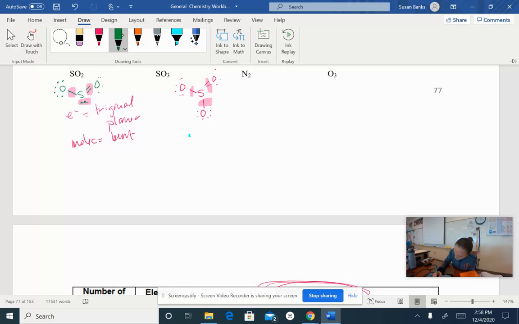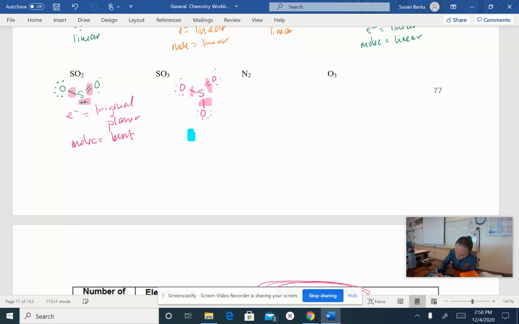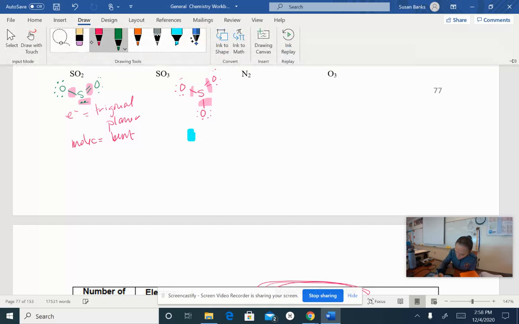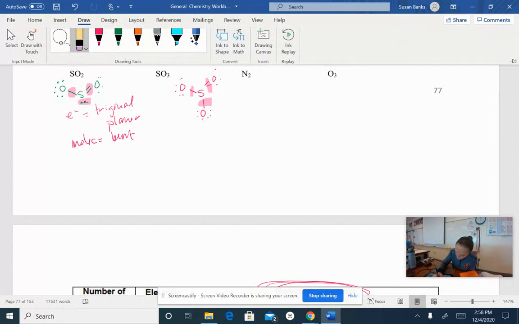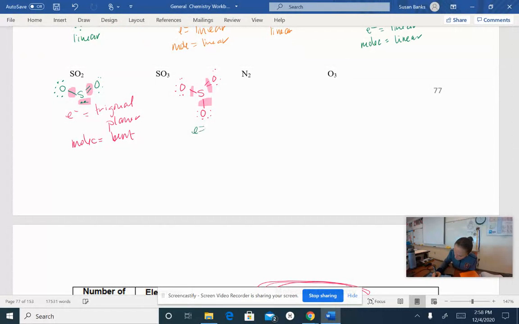Okay, my electron, oh wow, that still was so delayed. Electron geometry is trigonal planar, and my molecular geometry is trigonal planar.